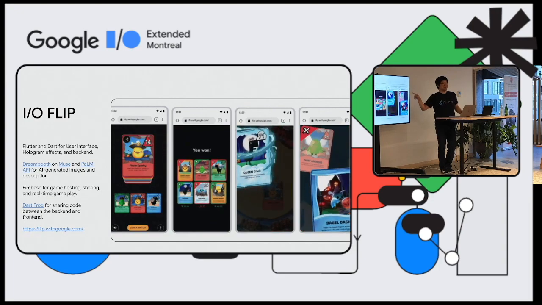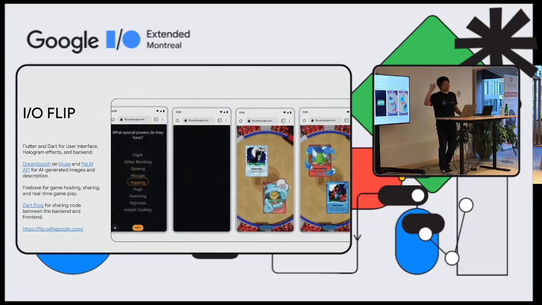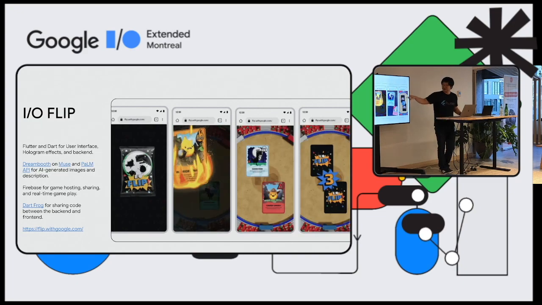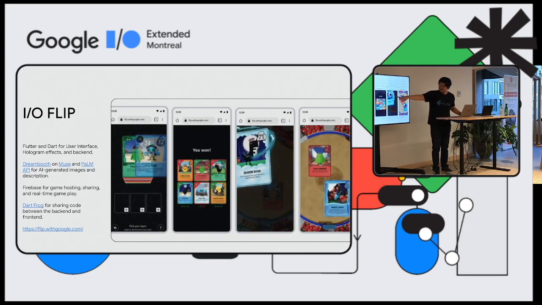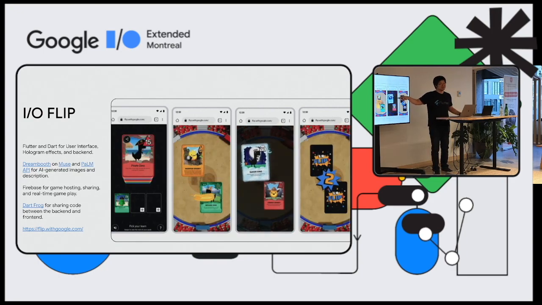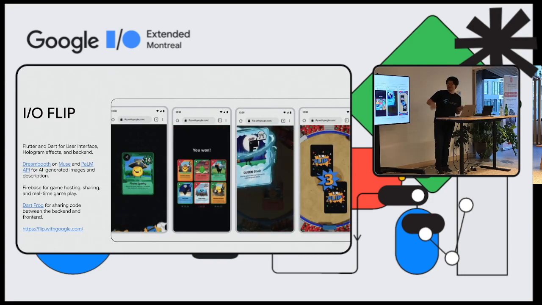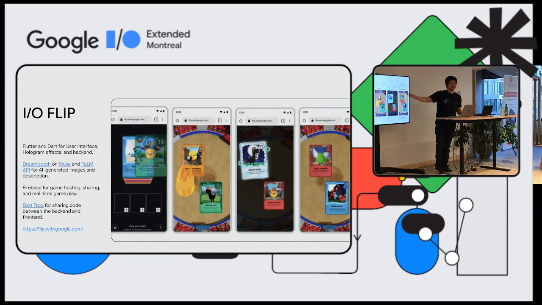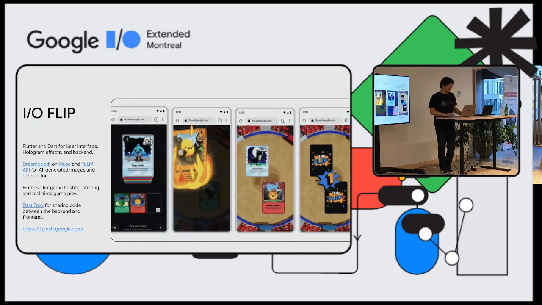It's a PvP style game, so you can play with your friend or whoever. It's randomly matchmaking so that you can play a card game. And what they use AI for here is that all the graphics and the descriptions are generated by AI. So they didn't do any content pushing. They actually used AI to make the game for all the sets.